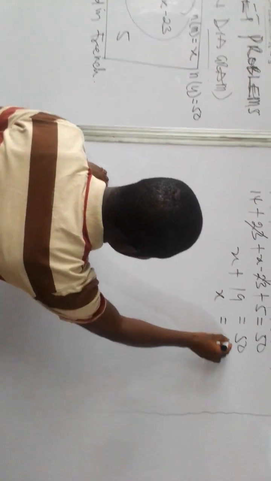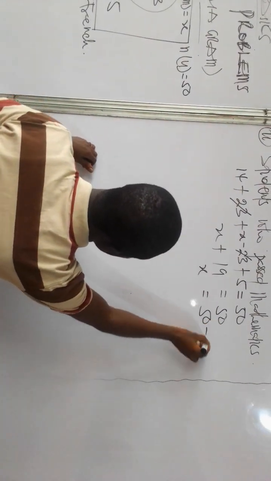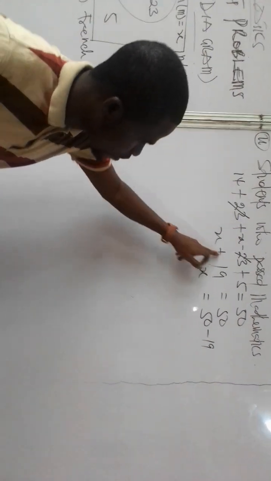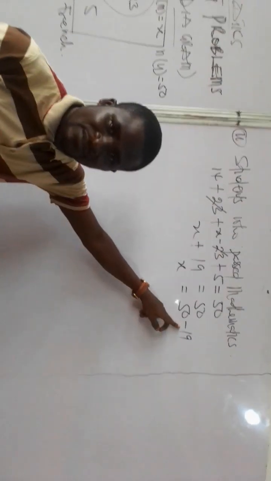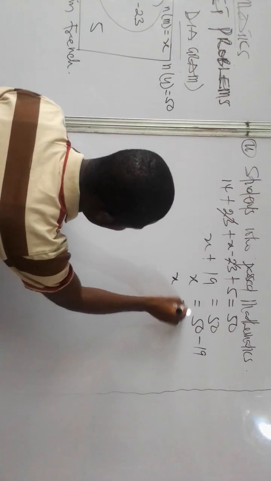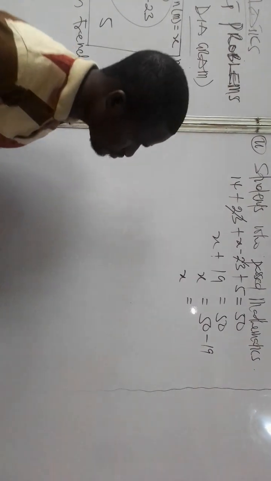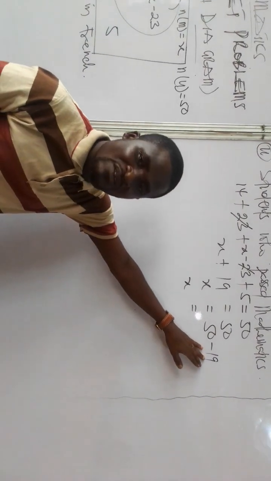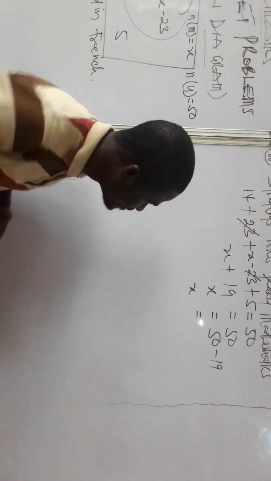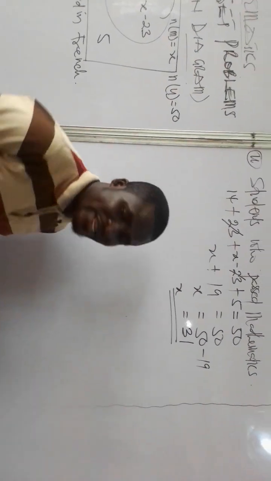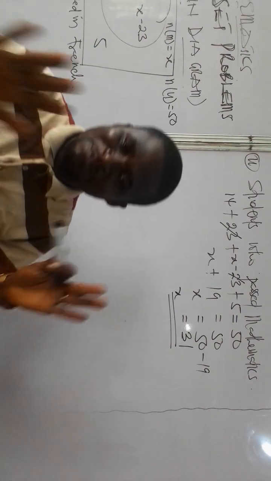X is equal to 50 minus 19, because this is positive, and when it crosses the equal sign, it becomes negative. So take note. 50 minus 19 will give us 31. So it means that 31 students passed mathematics.